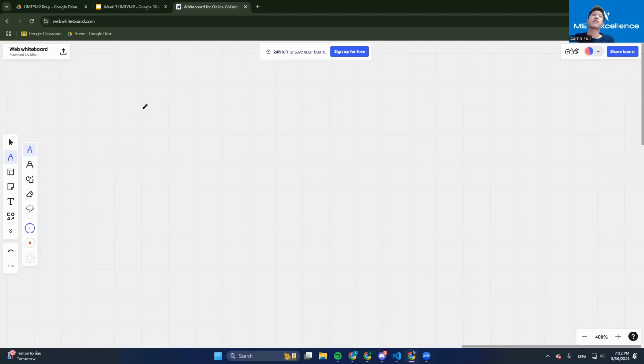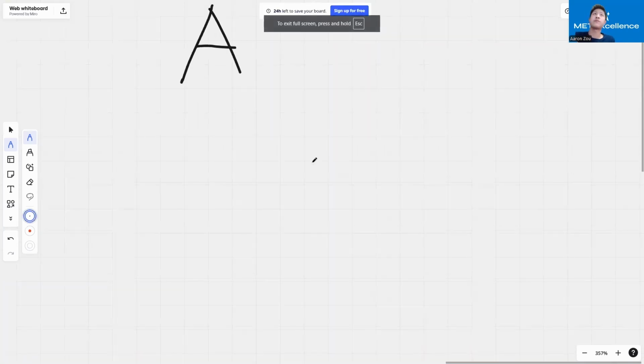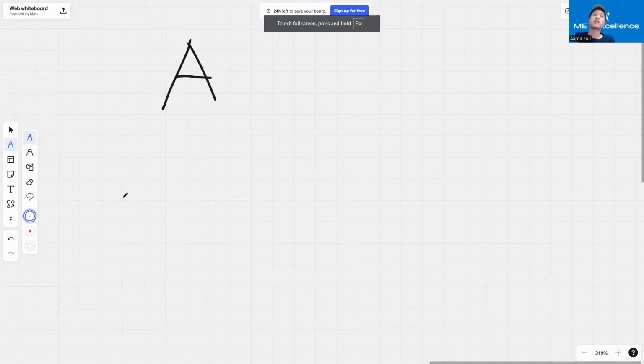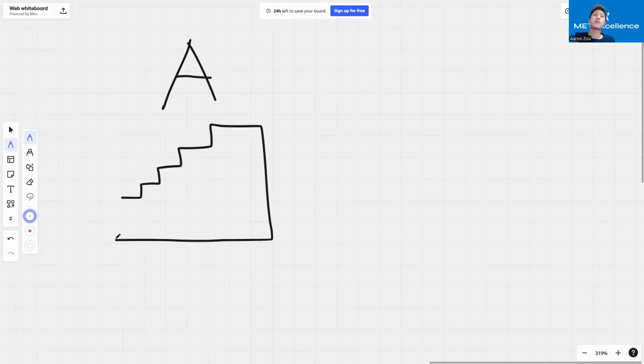So let's say over here, quantity A, we have this shape. In quantity B, we have this shape.